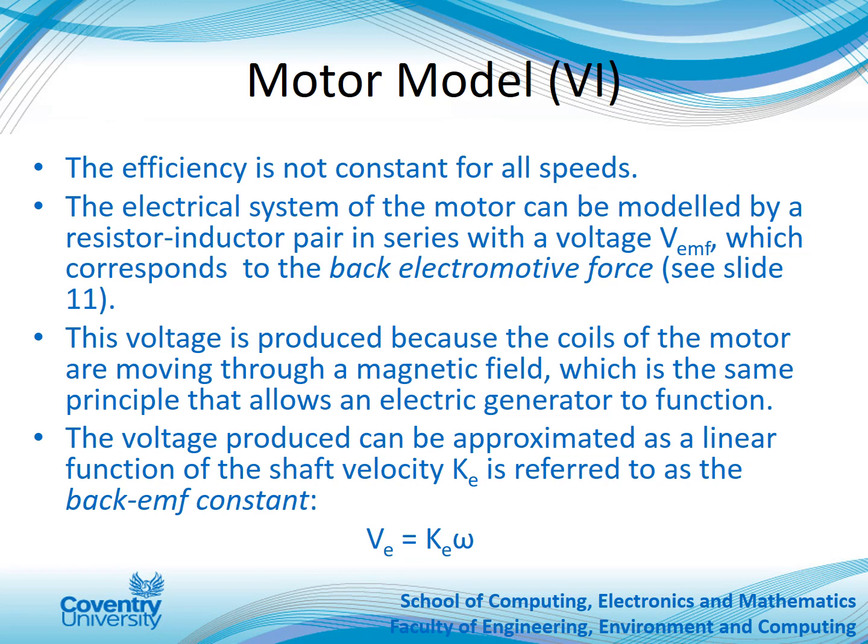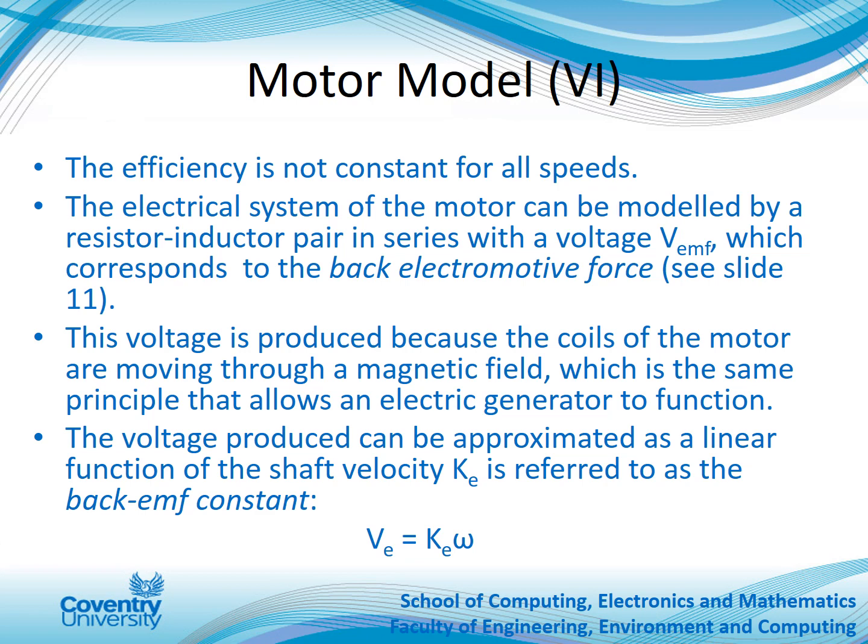The electrical system of a motor can be modeled by a resistor-inductor pair in series with a voltage source. Look back at slide 11 for where it fits in, and that corresponds to the back electromotive force. This voltage is produced because the cores of a motor are moving through a rotating magnetic field, which is the same principle as in an electric generator.